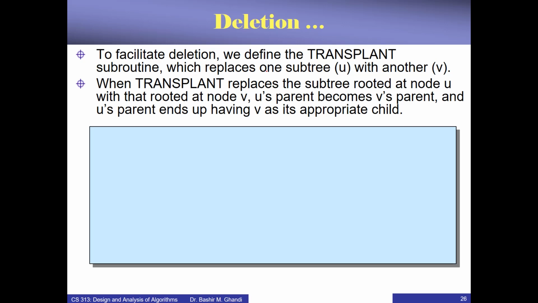This routine will replace one subtree U with another subtree V. How does it do it? When transplant replaces the subtree rooted at U with that rooted at V, U's parent becomes V's parent, and U's parent ends up having V as its appropriate child.